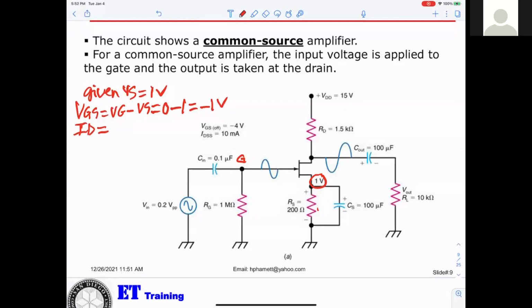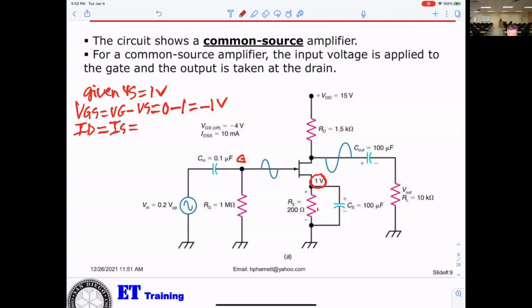If you want ID, I is equal to the voltage divided by the resistance. So it's 1 volt divided by 200 ohms, and that's ID. Basically, you're talking about IF, right? Yeah, but you said ID and IS are the same all the time.